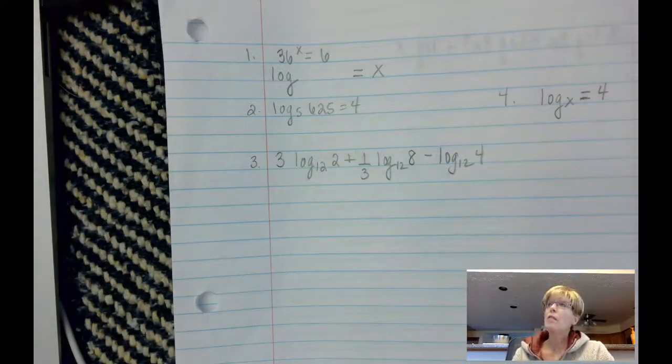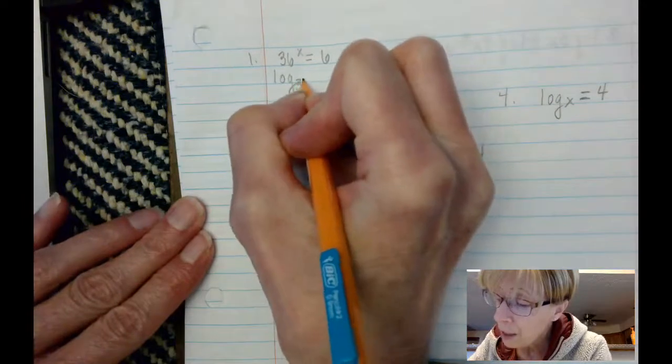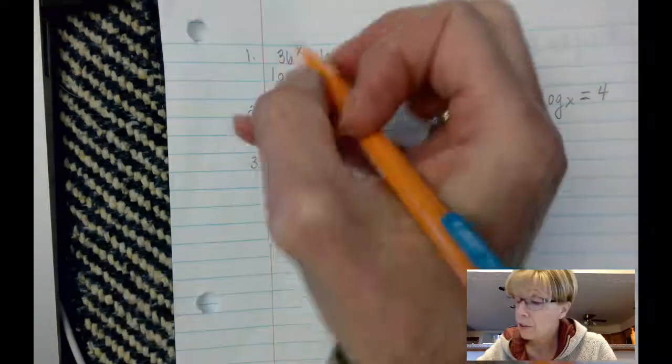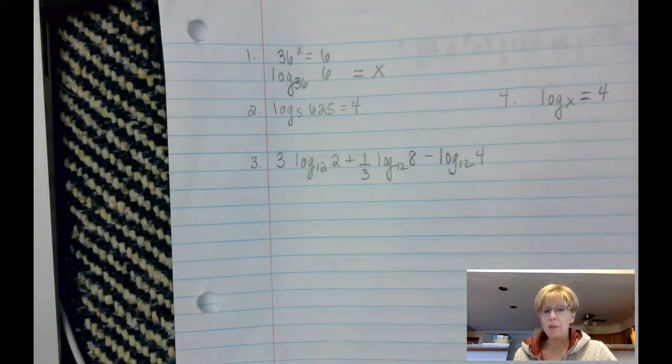Well, what's attached to the x is the 36. And that is the base. So this is going to be 36. You drop it down a little bit. It's a subscript. And there's only one other piece to this problem, and that is the 6. So this is log base 36 of 6 equals x.